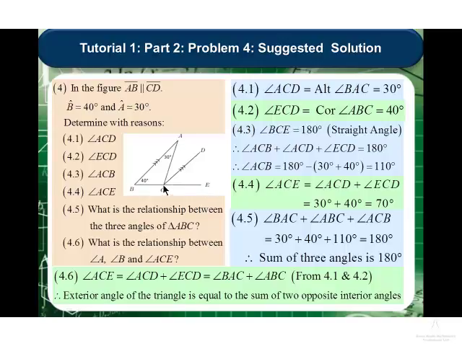If we look at this carefully, we see that ACE is just the sum of the angles A and B, and we can note that the exterior angle of the triangle ABC is equal to the sum of the two opposite interior angles. Note that angles A and B are interior angles, and ACE is the exterior angle for this particular triangle, and the exterior angle is the sum of the two opposite interior angles in such a case.